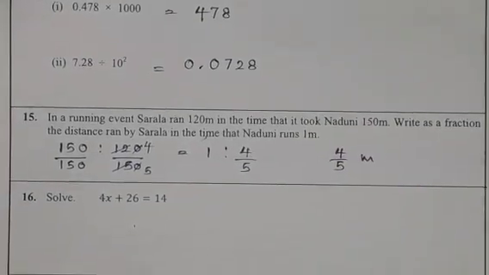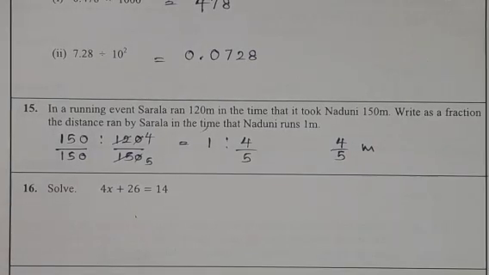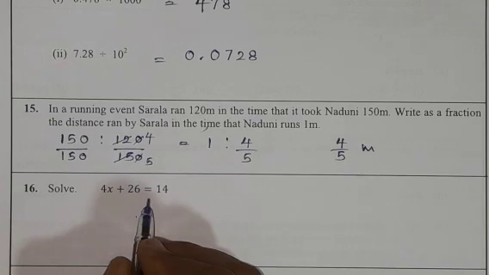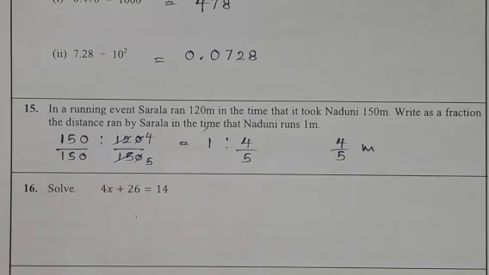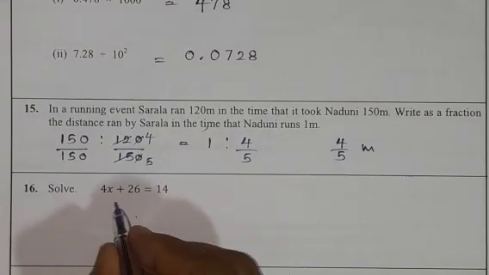Then question number 16. We are given to solve this. A simple equation. 4x plus 26 equal to 14. We want to remove this plus 26. Then 26 should be subtracted by both sides.